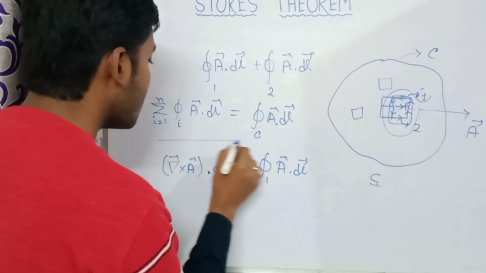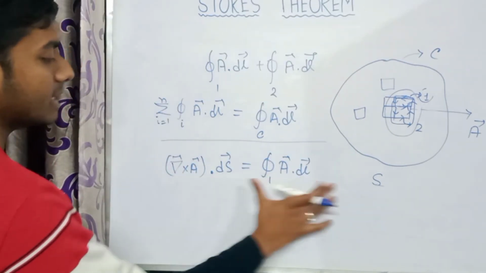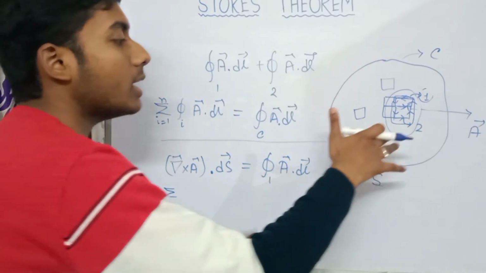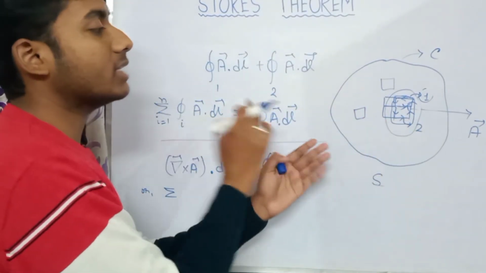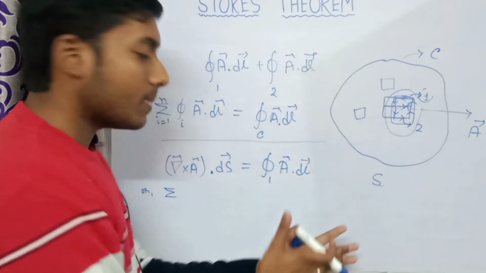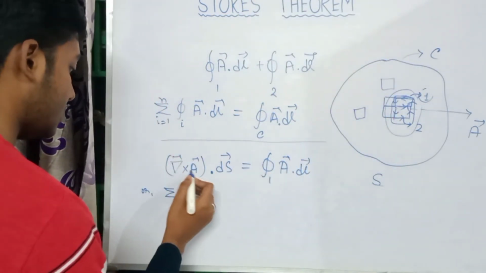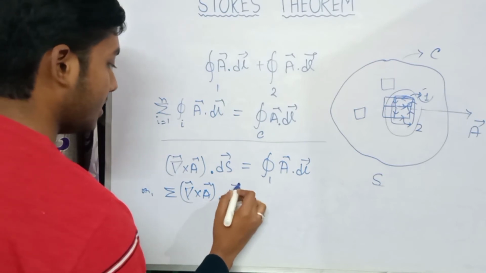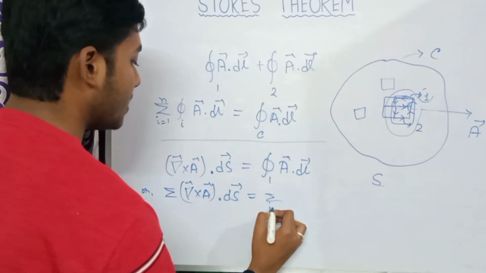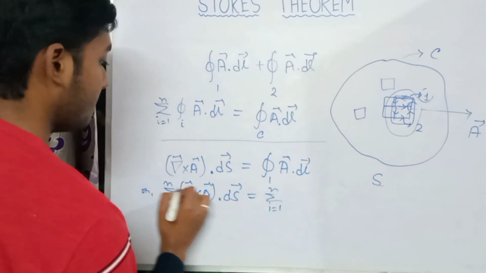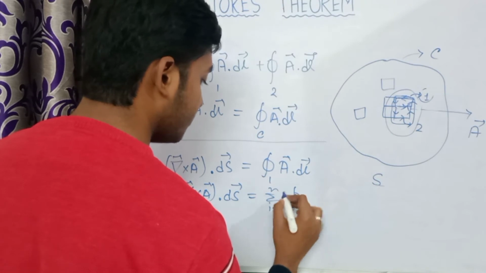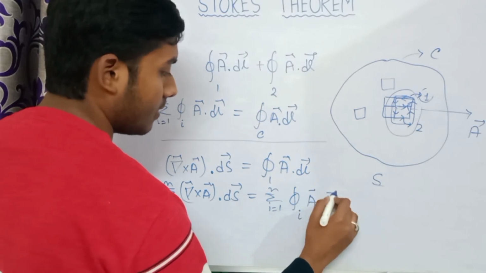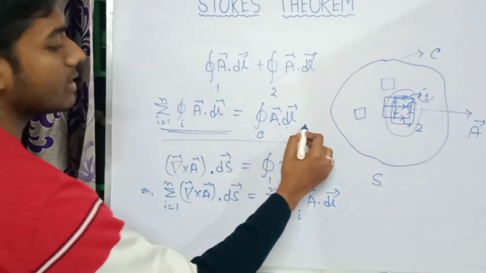Now, if we take the summation over this expression for i equals 1 to n, that is for all the square loops, then the summation of curl A dot ds vector is equal to the summation over i equals 1 to n of the closed integral of A dot dl for loop i, and from here we can write that this is equal to this.